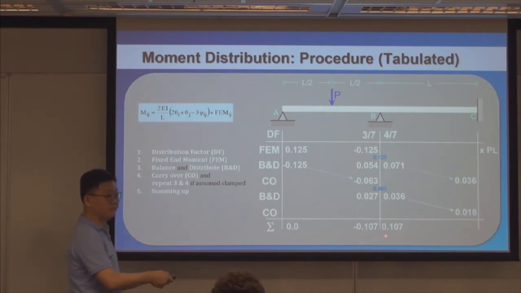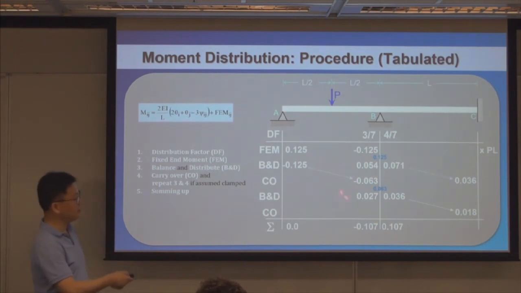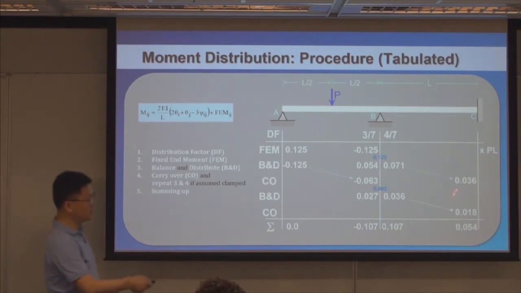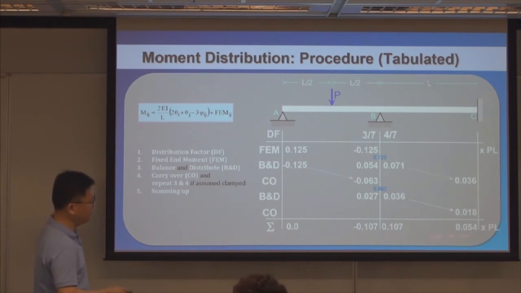Well, they cancel out because of moment equilibrium at joint B. If you don't have this canceled, that means you have something wrong in your calculations. All right, so this is a clamped end. So the clamped end sums up to 0.054. And then you take everything multiplied by PL. So these will be the end moments at A, BA, BC, and at CB.